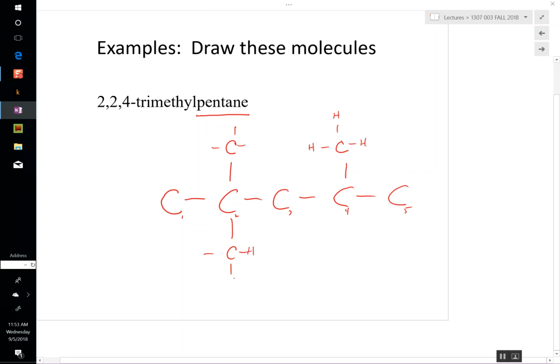I see there's a prefix tri, so I know there are 3 methyls. I need to know where they are. What's the address of those 3 methyls? One is on carbon number 2, another one is on carbon number 2, and then one is on carbon number 4.